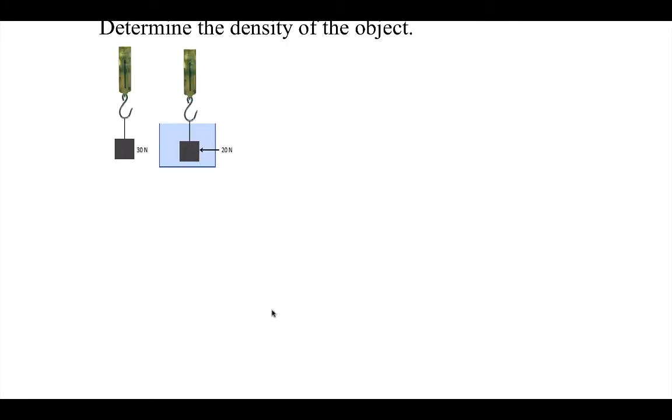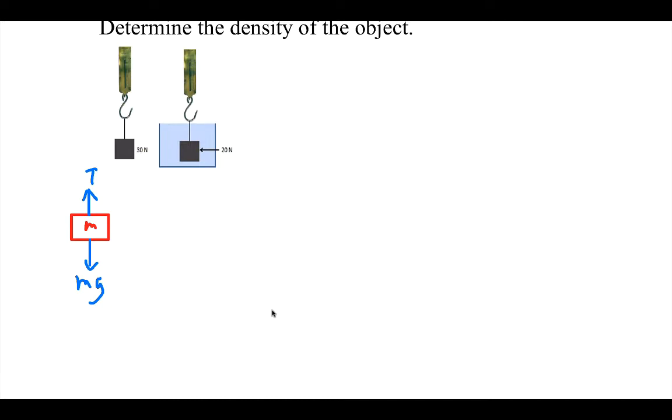So in the first situation, where the mass is simply hanging by the spring scale, the forces acting on this would be the weight, mg acting down, and then there would be a tension force from the spring scale acting up. What the spring scale is showing is the tension it is exerting on that particular mass.